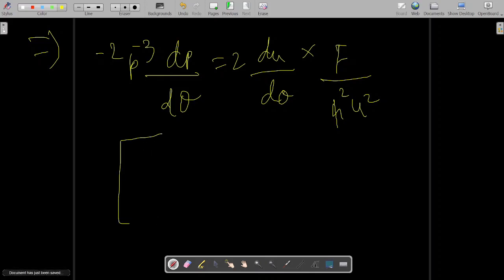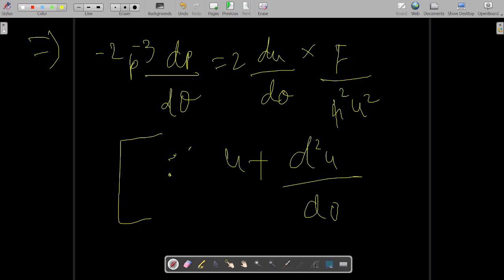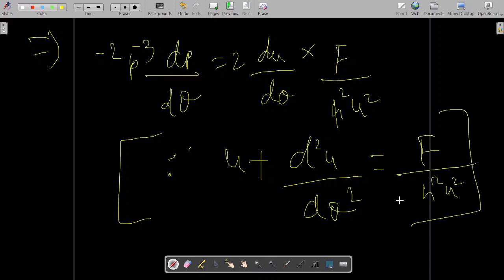So how did you get this? This you got by, is equal to f divided by h square u square. Now du by d theta, what is the value of du by d theta? You know this very well, that u is equal to 1 by r, right?